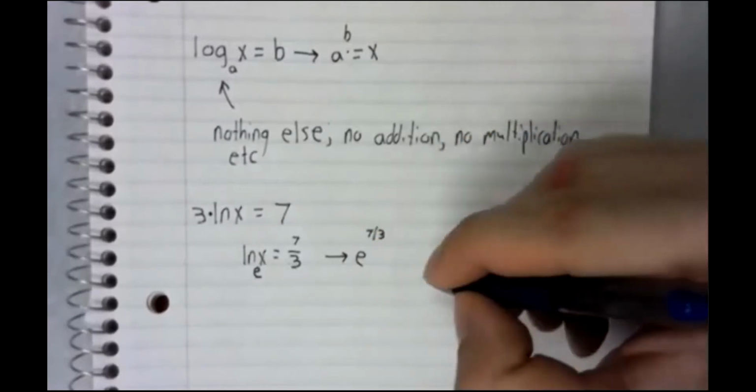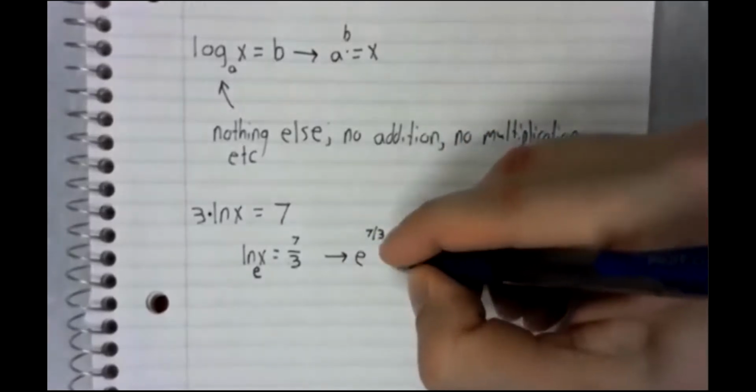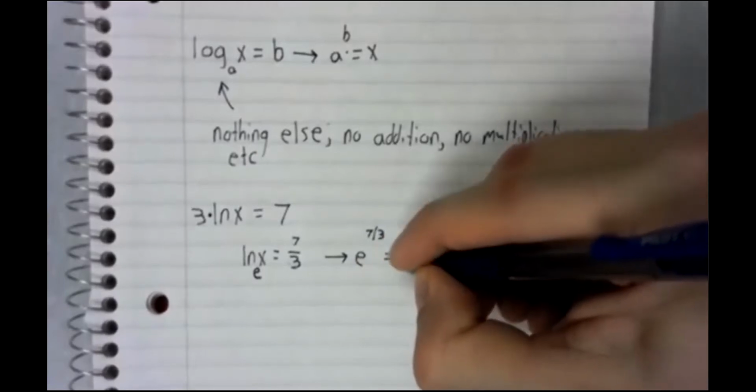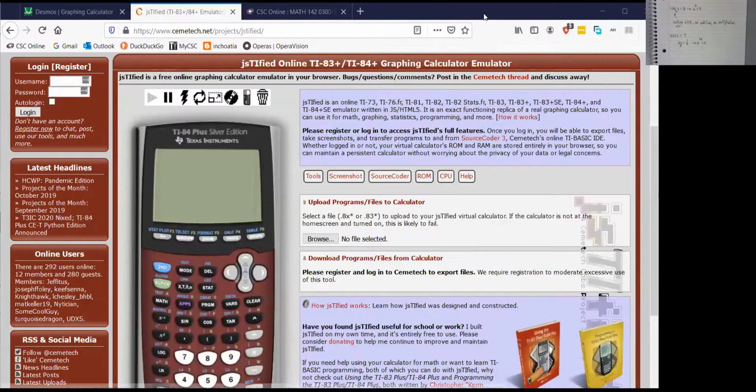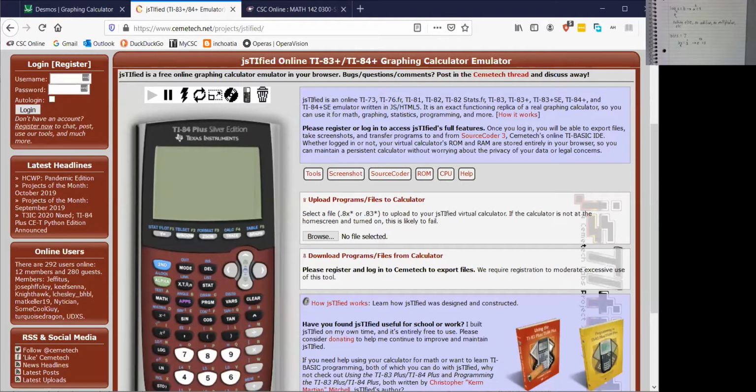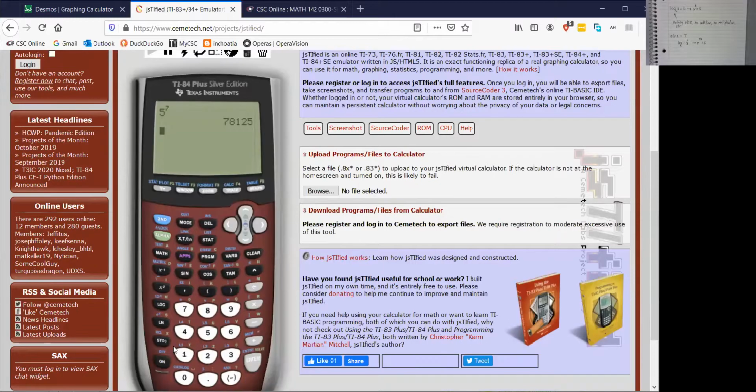So this is rewritten as e to the 7/3 equals x. Go to our calculator. e appears twice in our calculator.